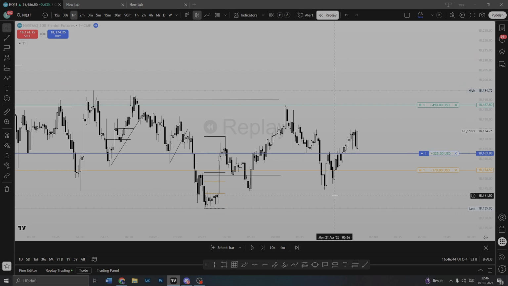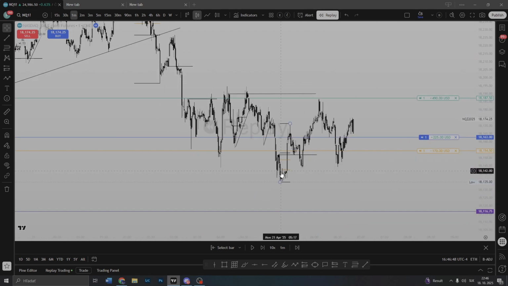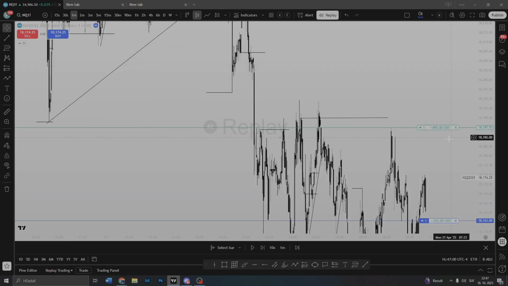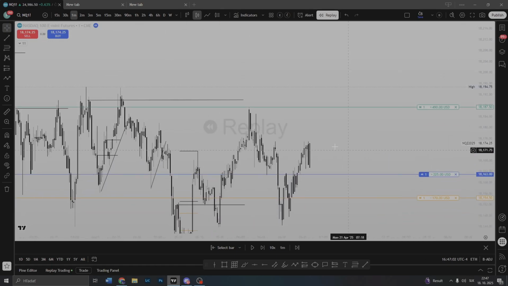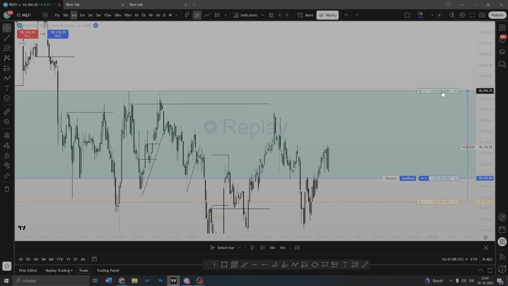Kind of thinking 630-ish. I was thinking about scaling a little more into this trade, but what I will do, if I'm correct, we'll take these equal highs right here.